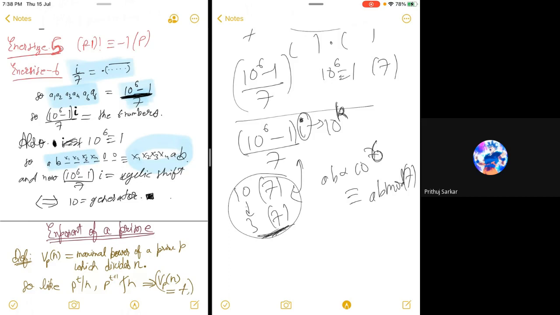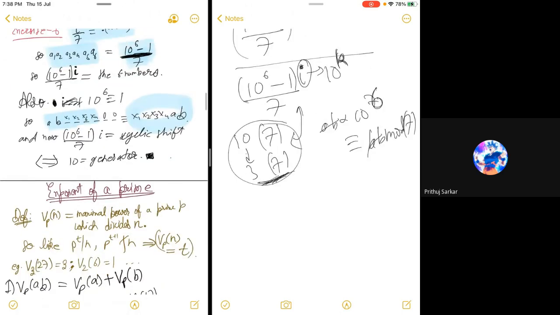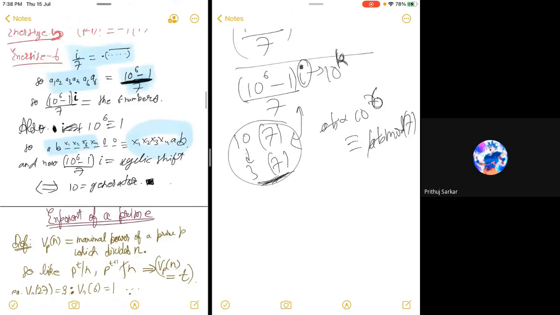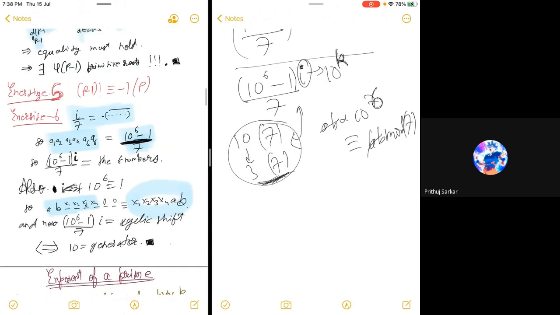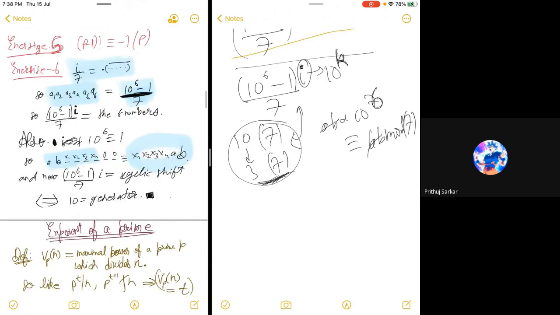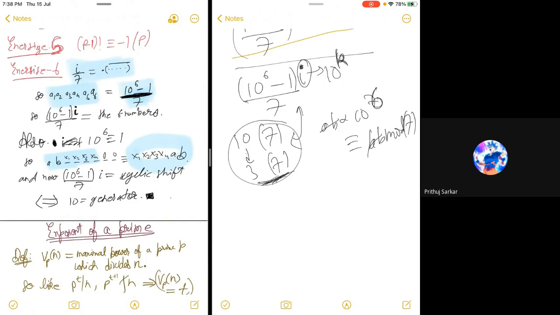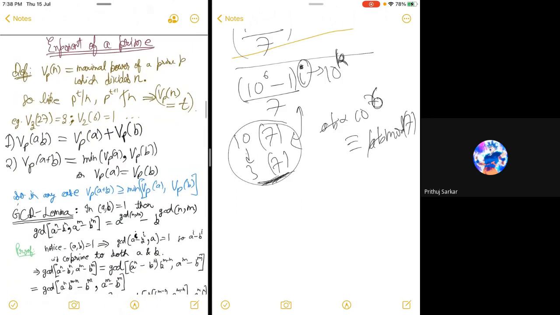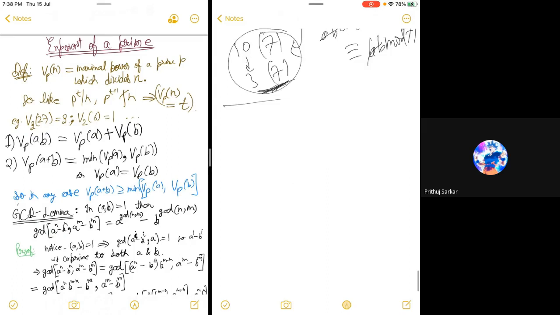This is because we just cancel a b, and 10 to the 6 is congruent to 1 modulo 7. Right. So that means these are cyclic shifts of each other, so we have proved that i by 7 when represented in decimal form are cyclic shifts of each other. So is that proof clear?